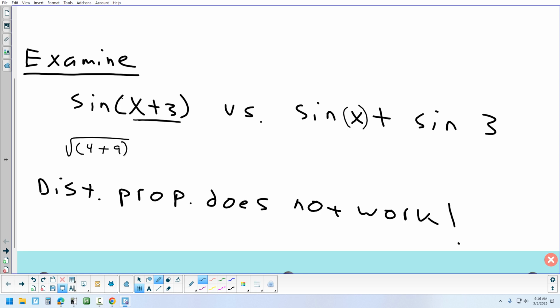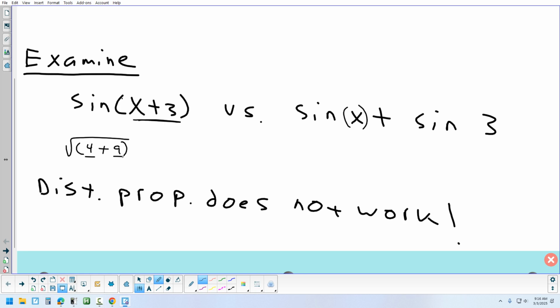You can't distribute the square root to the 4 and the 9 and say, oh, it's just 2 plus 3 and add them together. The answer to that is definitely not 2 plus 3. It's the square root of 13, which is not 2 plus 3. So you can't apply the function separately to each term under it or in it.